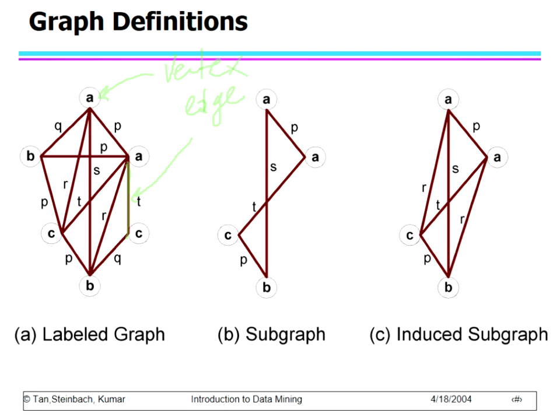Edge. Okay. And this one? Node or vertex. Okay, so this is a labeled graph.